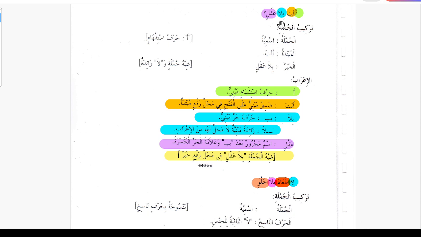So here la does not have any function in i'rab. That is why the impact of ba, which is harfu jarrin, bypasses this la and goes to aqlin. That is why it is majroor. So aqlin is ism majroorun ba'da ba wa alamatul jarri al-kasra, and bila aqlin is shibu jumla fi mahalli rafin khabar.